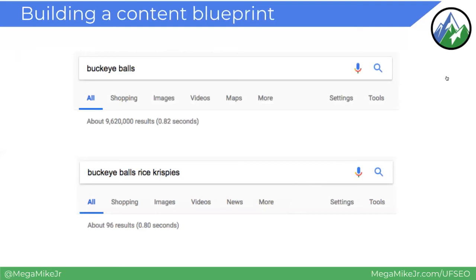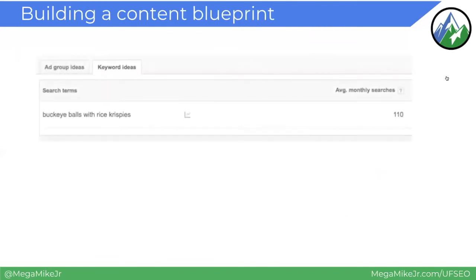And we know that it's something we want to target, but how much volume is there actually for Buckeye Balls Rice Krispies? And that's where we move on and we say, let's go to Keyword Planner. So when we go to Google's Keyword Planner, I know that we have a good ability to compete for Buckeye Balls with Rice Krispies and Kentucky, Vermont, and Alabama.